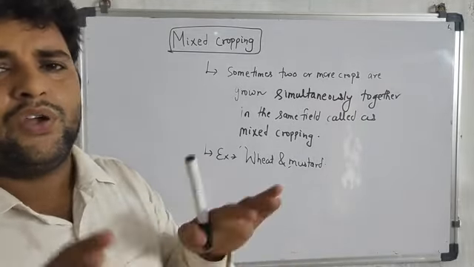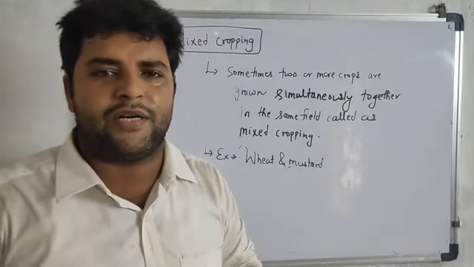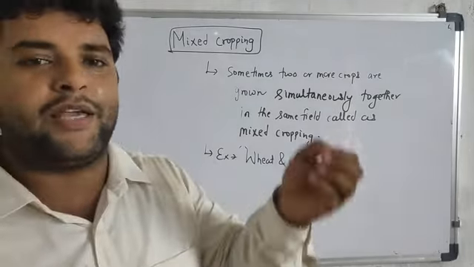The question arises in your minds: why these two? The basic requirements required by mustard and by wheat, for example, both require the same amount of temperature, both require the same amount of water.